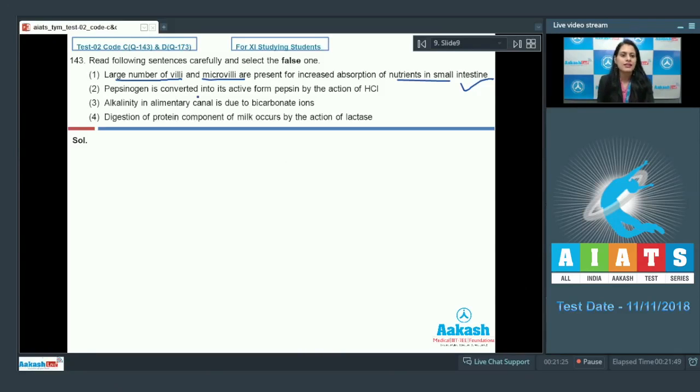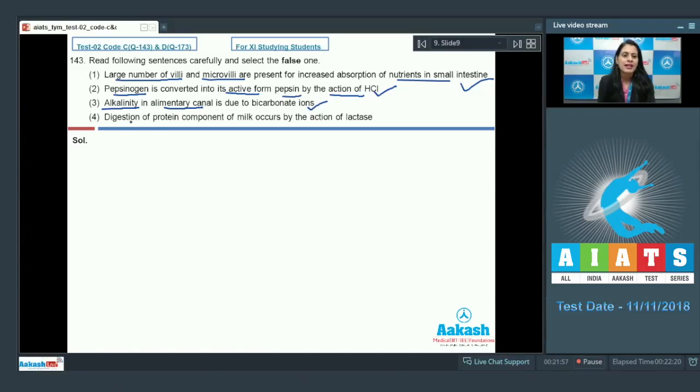Our second option given is pepsinogen is converted into its active form pepsin by the action of HCl, and this is a correct sentence because HCl provides optimum acidic pH which is necessary for the function of pepsin. Our third statement is alkalinity in alimentary canal is due to bicarbonate ions, and this is also a correct statement.